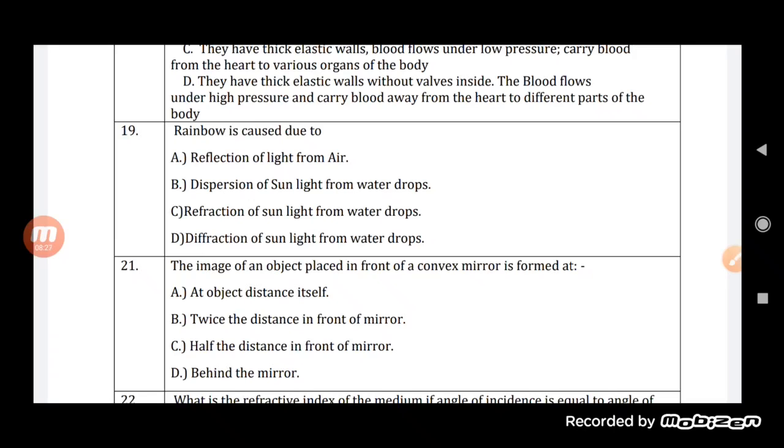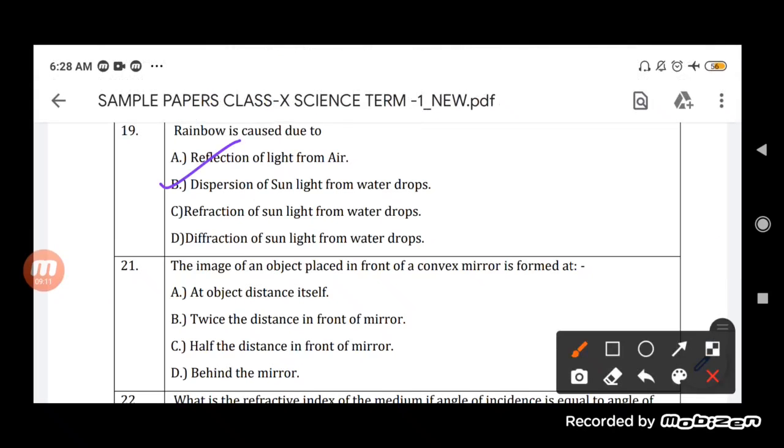Basically, the process involves reflection, refraction and internal reflection, and dispersion also occurs. The others are also correct options, but we will say that the dispersion of sunlight from the water drop is responsible for the rainbow to occur. So the correct option will be B.